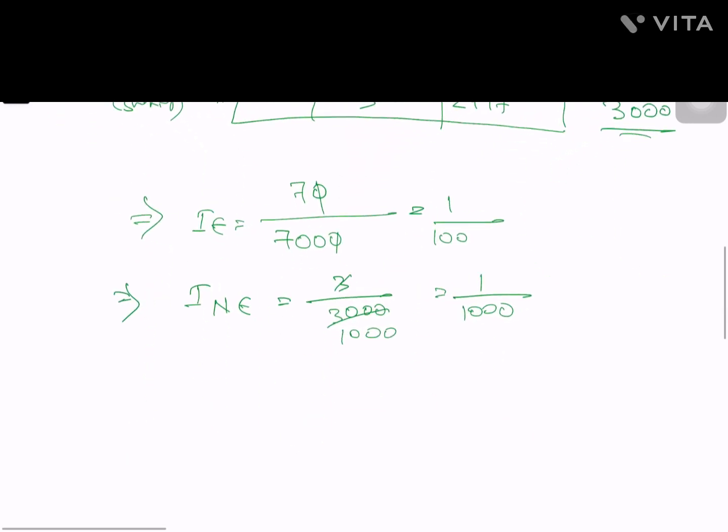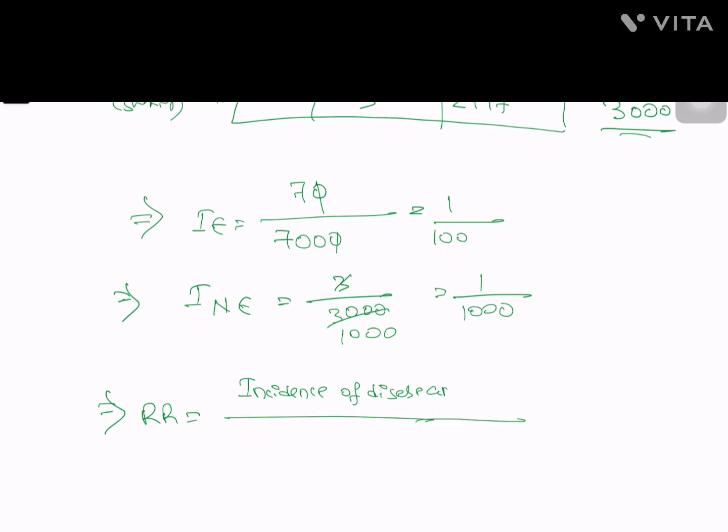As per relative risk, what is the formula? Every time you write a problem in your practical exams, you have to write the formula. The formula is incidence of disease among exposed by incidence of disease among non-exposed.